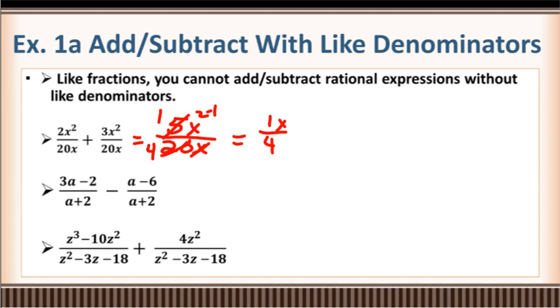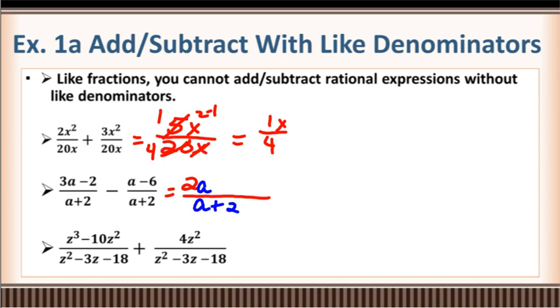Next example, I have 3a minus 2 over a plus 2 minus a minus 6 over a plus 2. The denominators stay the same, so a plus 2. In the numerator, I have 3a minus a, which is 2a, and I have a negative 2 minus a negative 6.